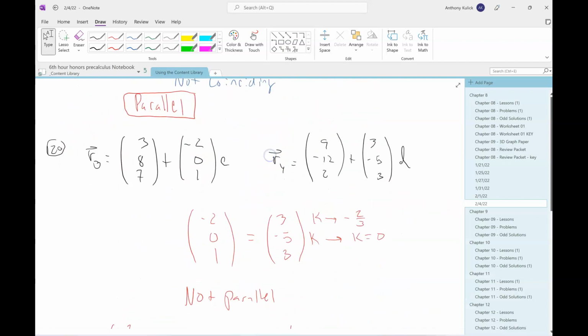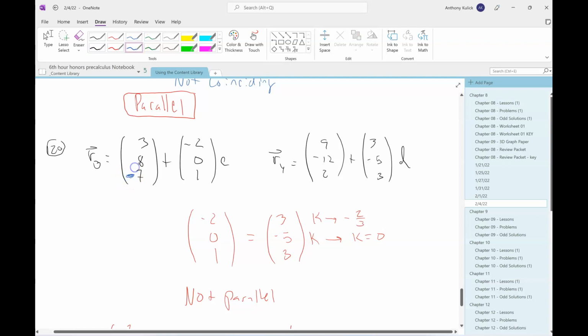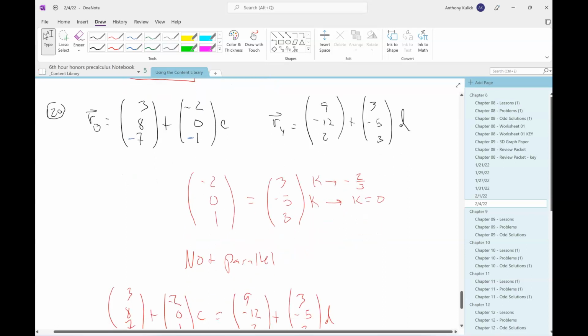Did I copy it down wrong? Because that's what I have. Oh, it sure is a negative. I did. Look at this. Negative 3 and, yes, oh, I copied it down wrong. 8, negative 10.